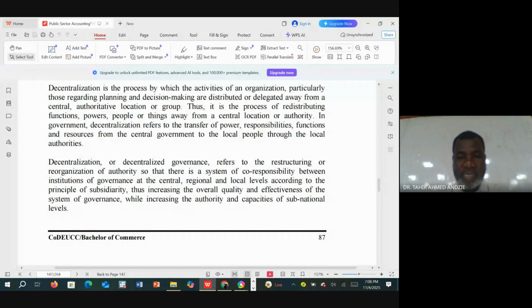So if you look at Ghana, the recent decentralization system is about delegating power from the central government to the regional and the district, so that there is a shared responsibility between these people, right?